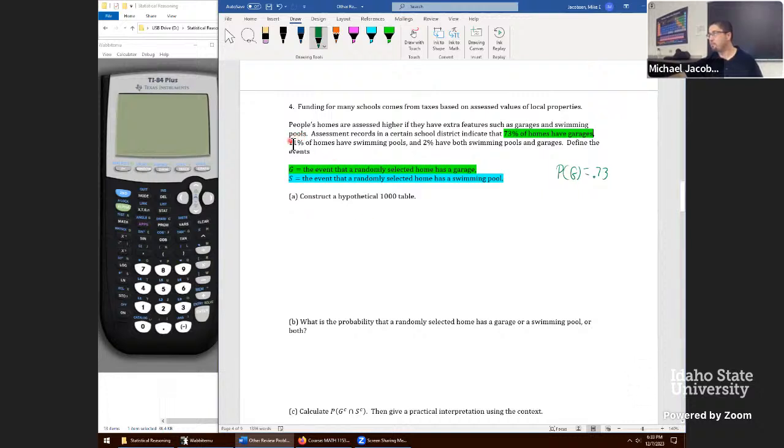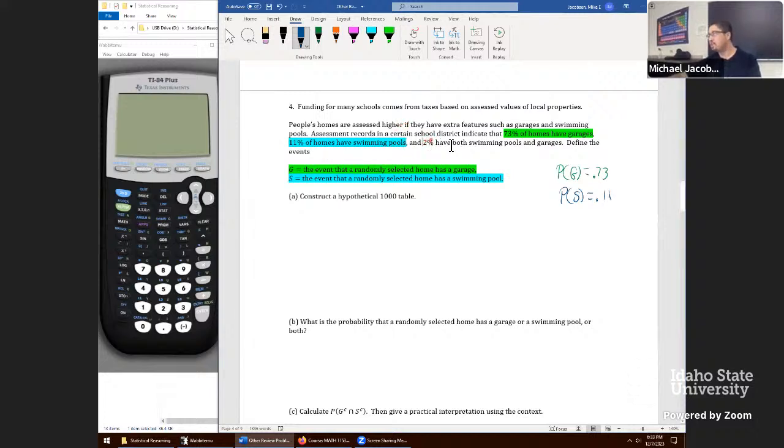Next, 11% of homes have swimming pools. So that's going to be our event S. Although that looks funny, we could have said probability of sample space. If S is indicated here, it takes a different role, so it's just an ordinary event. This came out as 11%, so 0.11.